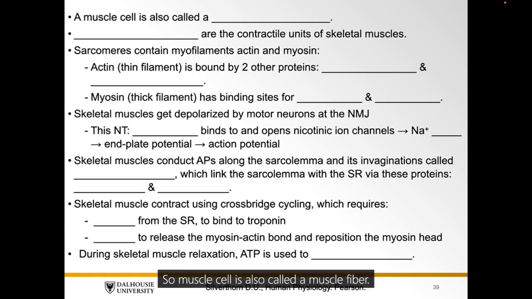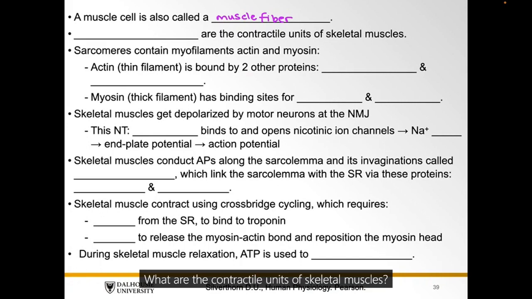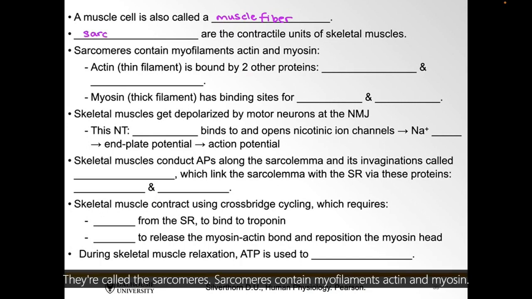So a muscle cell is also called a muscle fiber. What are the contractile units of skeletal muscles? They're called the sarcomeres. Sarcomeres contain myofilaments, actin and myosin.